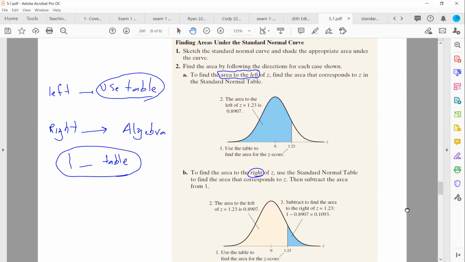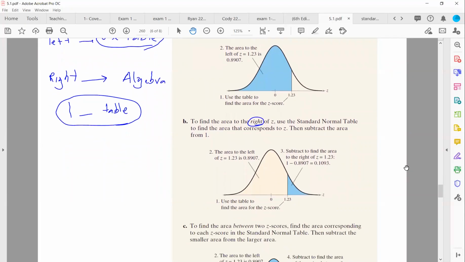And finally, if the question says in between, you have to do algebra and use the table 2 times.